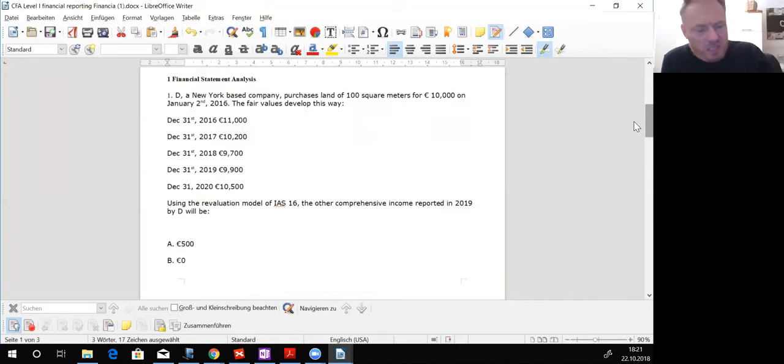What is this? Consider this. A New York-based company purchases land of 100 square meters for 10,000 euros on January 2nd in the year 2016. Now, as time goes by, the fair value is going to rise or going to go down.